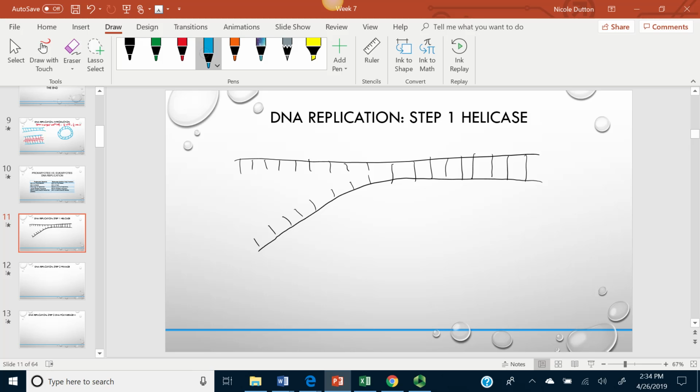The enzyme responsible for doing that is known as helicase. Helicase is going to travel in one direction, opening up the strands of the DNA. So step one, helicase separates the strands of DNA.